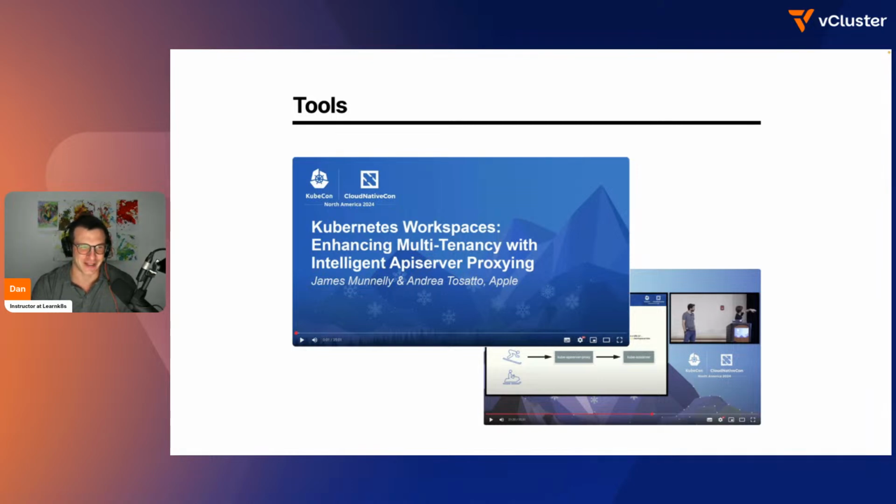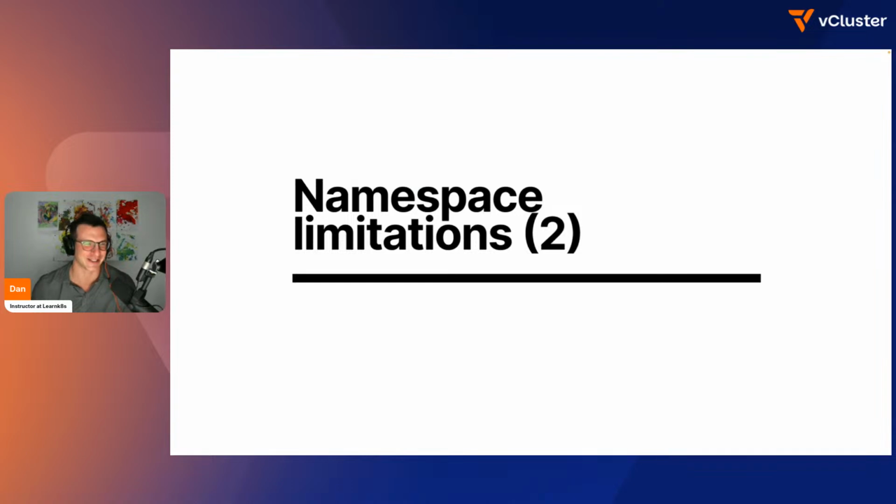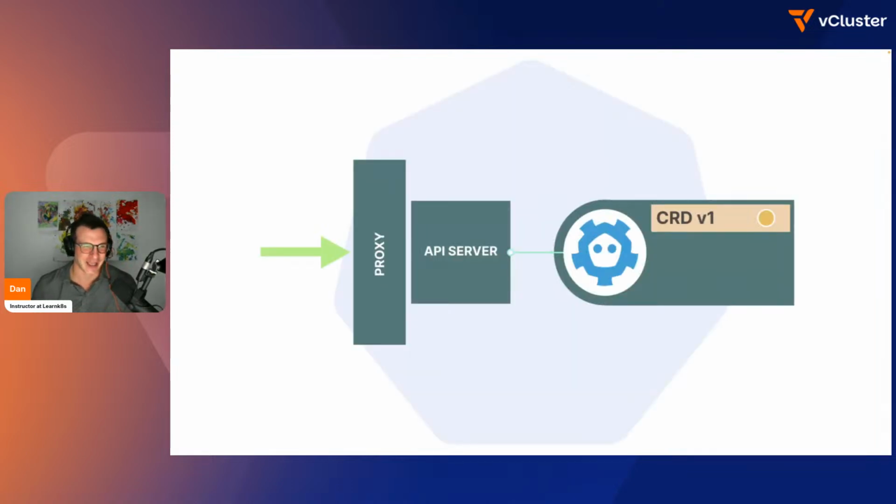One of the things they say at the end of the talk is that they're ready now to accept questions. And the first question was, does it work with CRDs? Short answer, it does not. And why doesn't it work with CRDs? Because CRDs are very tricky.